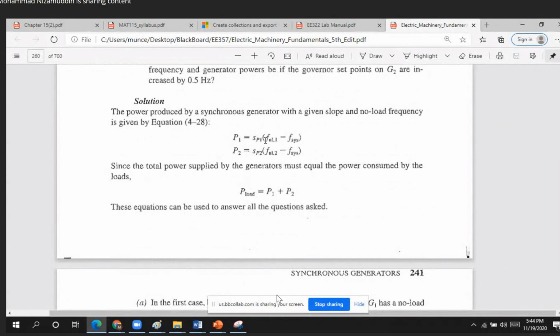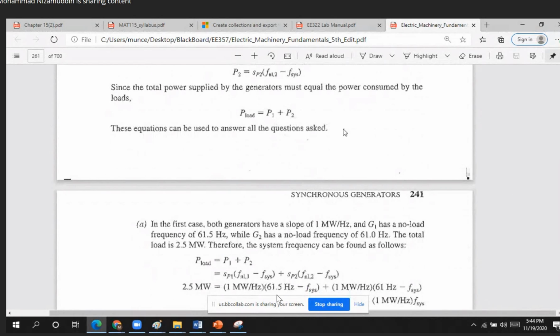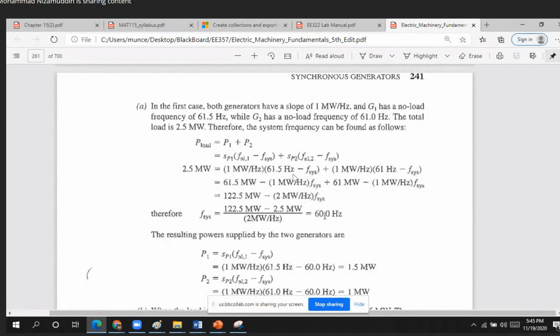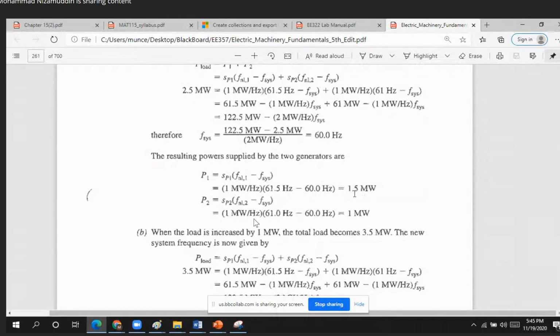The total load P load is P1 plus P2, and in question 1 the load is 2.5 megawatts. SP1 is 1 megawatt per hertz times 61.5 minus F system. So the system frequency is now 60 hertz. How much is P1? 1.5. How much is P2? 1 megawatt. You see, they are not sharing the same amount of power, even though it's close.